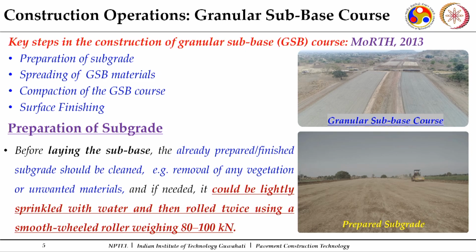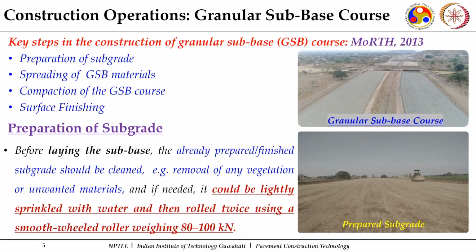So, once you have ensured that the material quality is meeting the standard requirements which are stated in the codal provisions and which are also there in your project document, the next task is the design part, the combination which has to be planned, and then finally the construction of that particular course. All these steps play a very vital role to achieve the desired performance from any pavement structure.